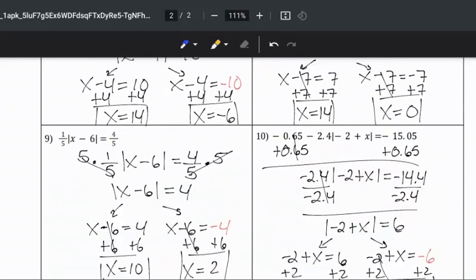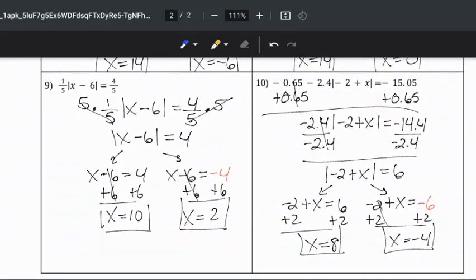And then if we take a look at number 10, the answer is x equals 8 and x equals negative 4. And again, there are decimals, but we go through the same process. You isolate the absolute value, and then once that's isolated, you split and make the second answer a negative, and then you go ahead and finish solving.